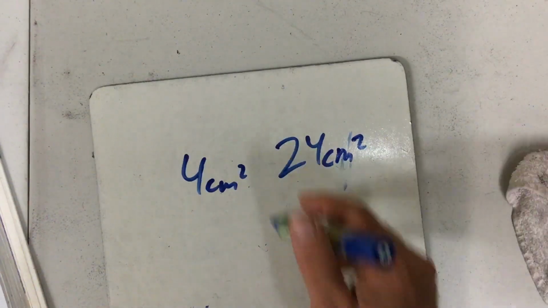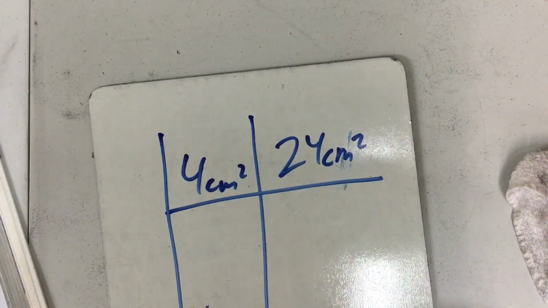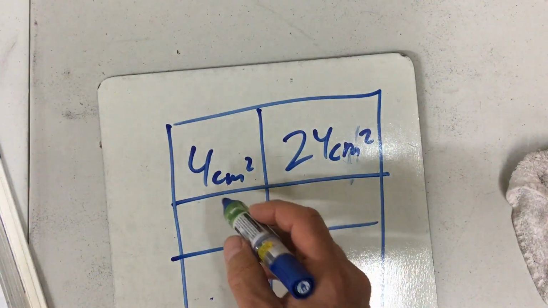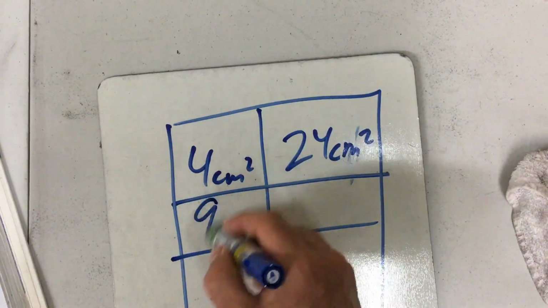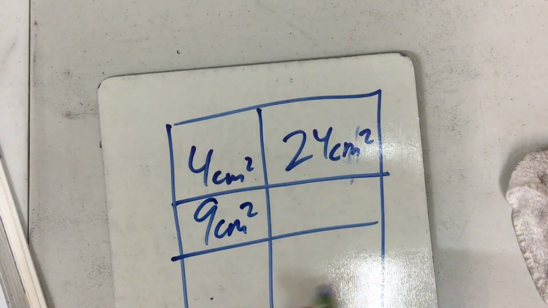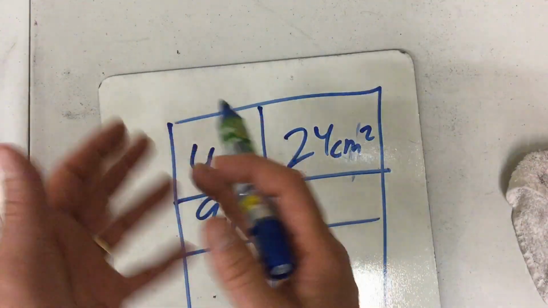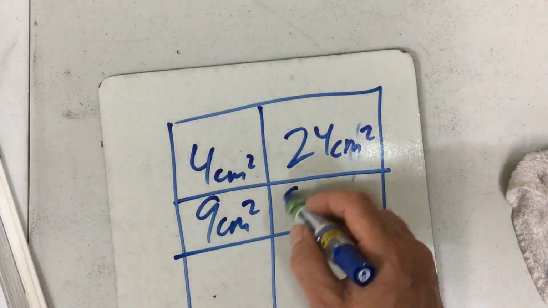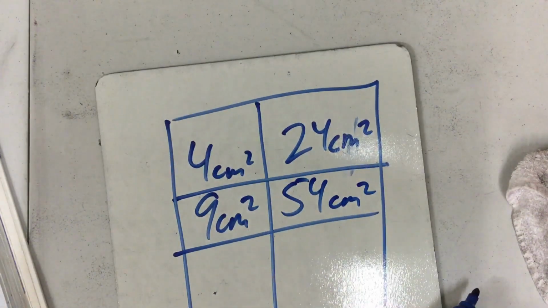All right, now if we follow that, kind of make a table, because I love tables, and you say, well, what if each side was 3 by 3 by 3? Well, then each face would be 9 centimeters squared. Well, if that's the case, then what would be the total surface area of all 6 sides? Well, it's just times 6, so 54 centimeters squared.